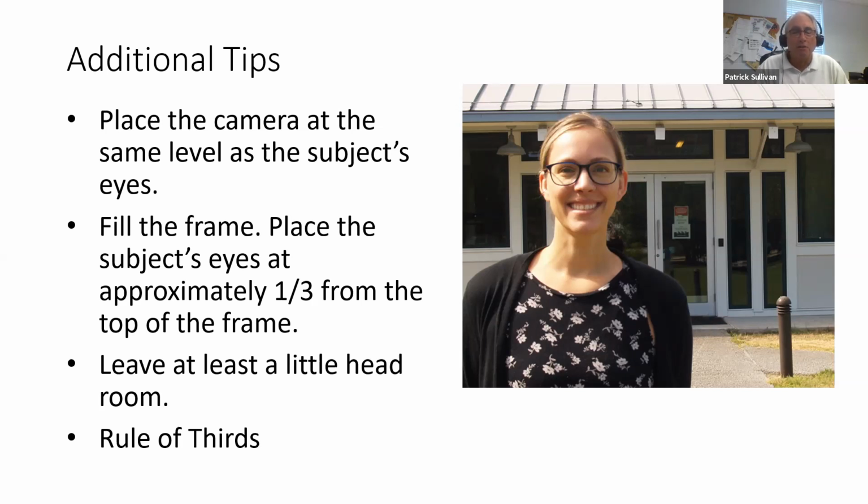If you'll notice, take a look at this lady's eyes. They're approximately 1/3 the way from the left to the right in the frame. They're also about 1/3 of the top to the bottom. It provides a more aesthetically pleasing composition than having them dead center in the frame.